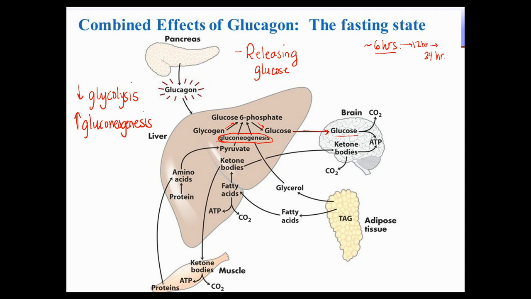Now, the main things that can be brought in for gluconeogenesis are pyruvate, glycerol, which we'll talk about in a moment, and amino acids that are glucogenic, which are a lot of them.